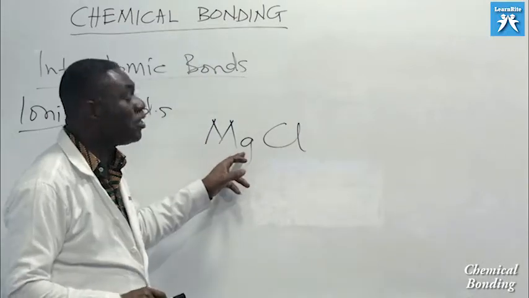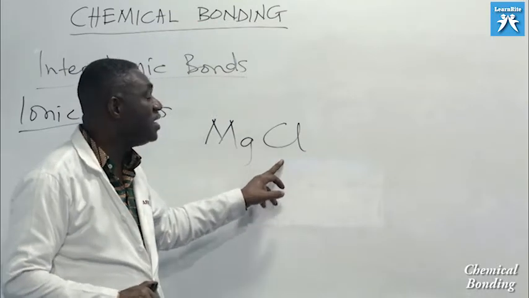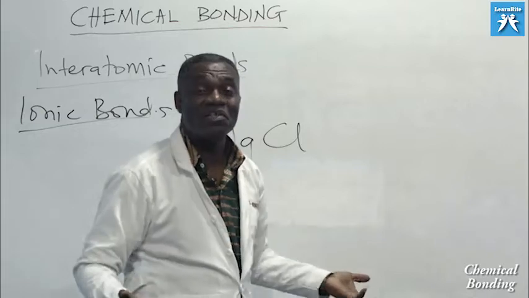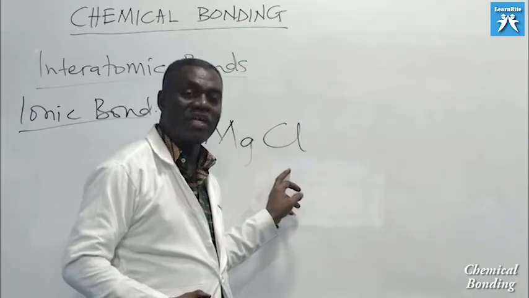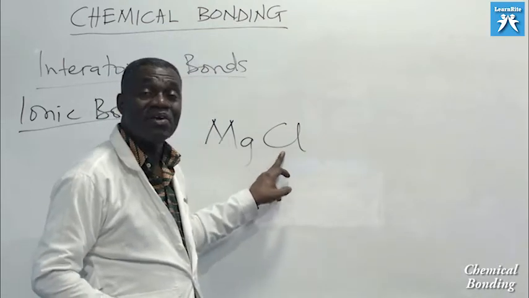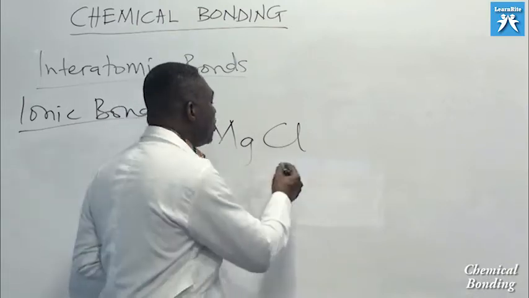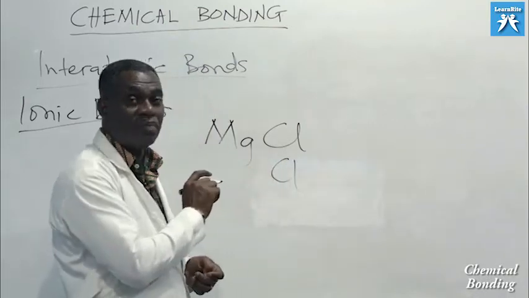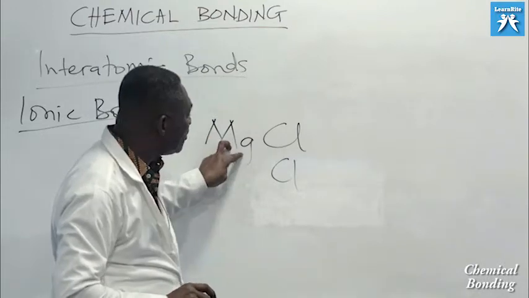In the sense that this one will lose 2 electrons and this one cannot gain all the 2 electrons. This one is in group 7, so after gaining just 1 electron, that is all. So what will it do? It will bring its other colleague for them to be 2. Whilst one chlorine takes 1 electron from the magnesium, the other chlorine will also take the other electron from magnesium. So the formula for magnesium chloride cannot be just magnesium chlorine.